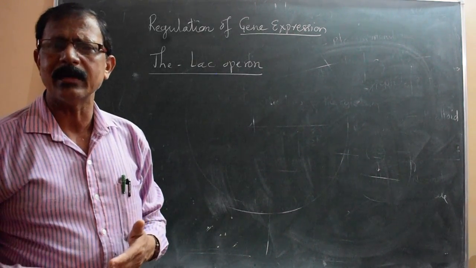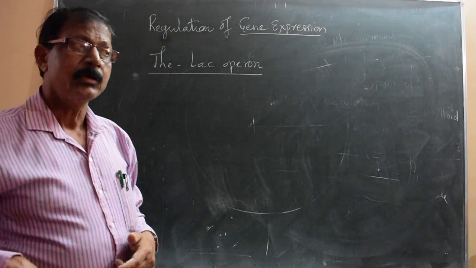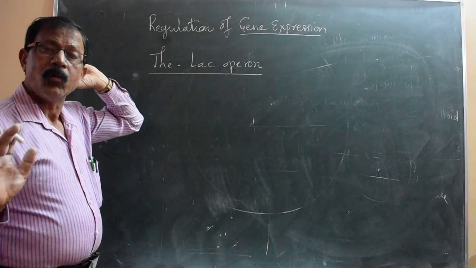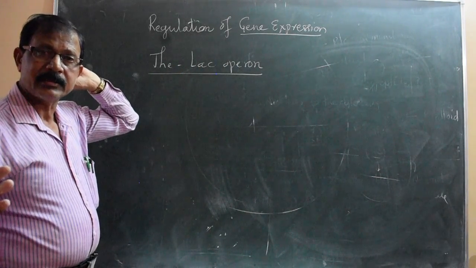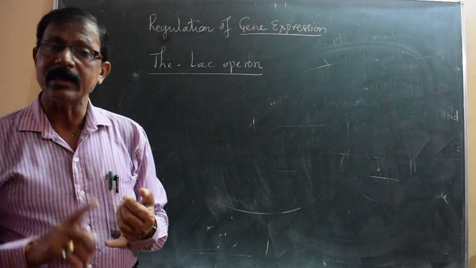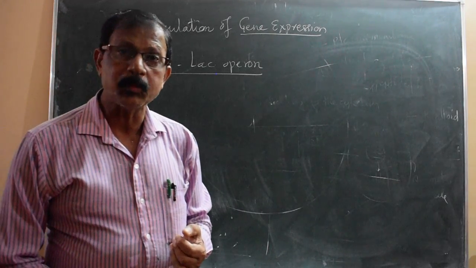There are so many different types of concepts, and such concepts are used to study gene expression: how exactly gene expression takes place, what type of expression takes place, wherein what type of enzymes are involved, and the repressor protein is formed.